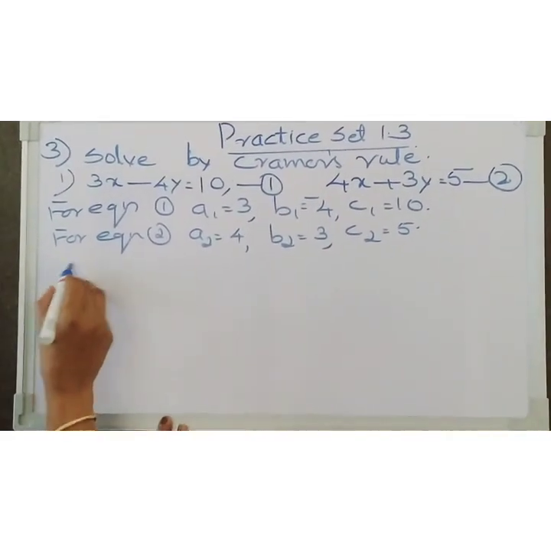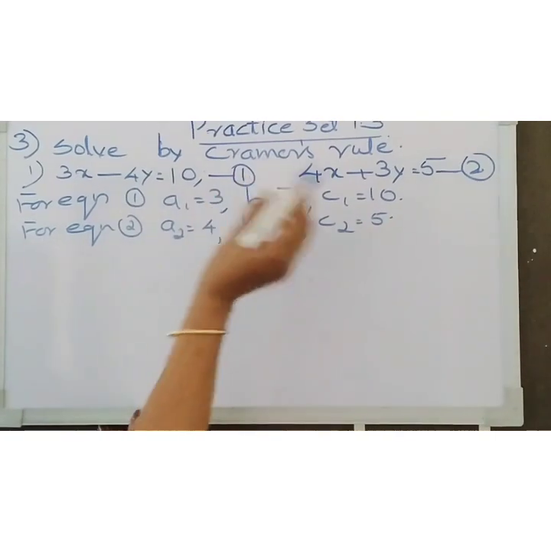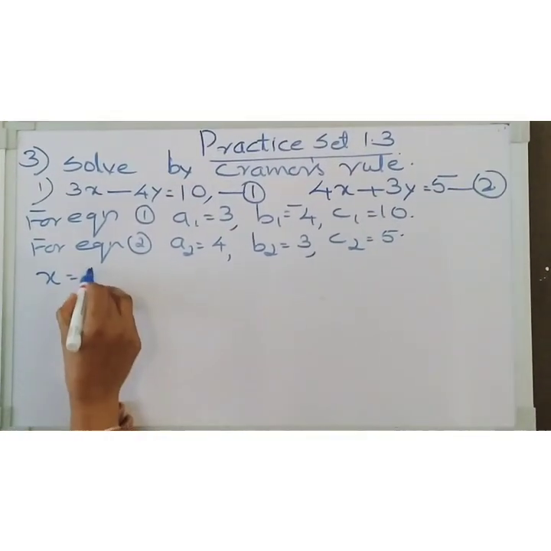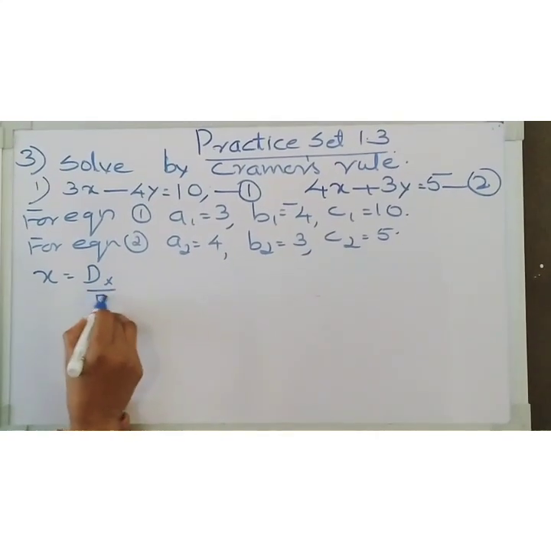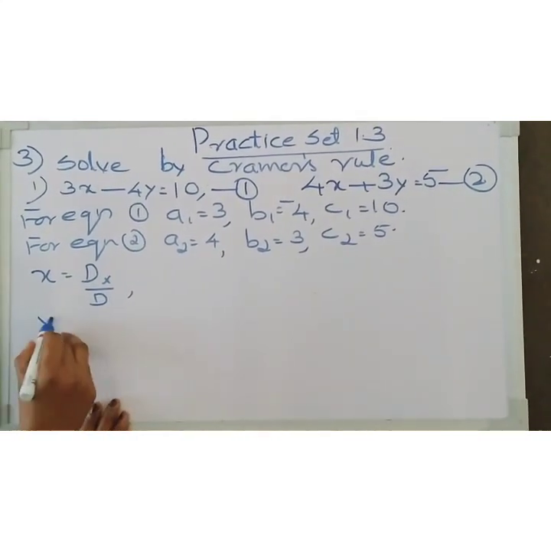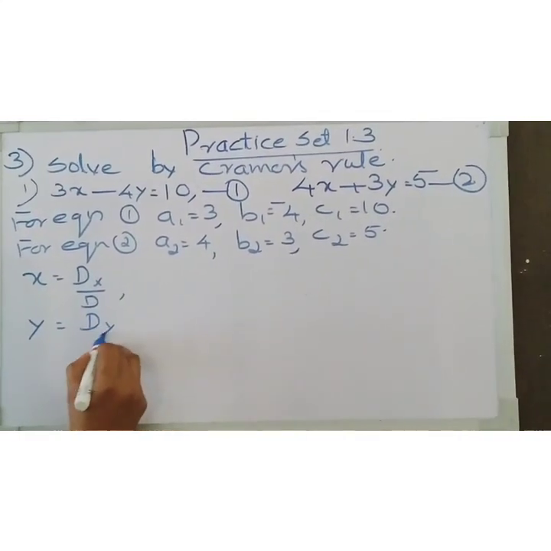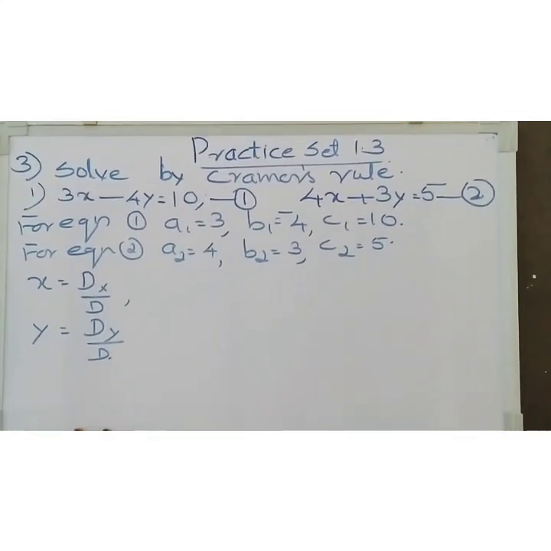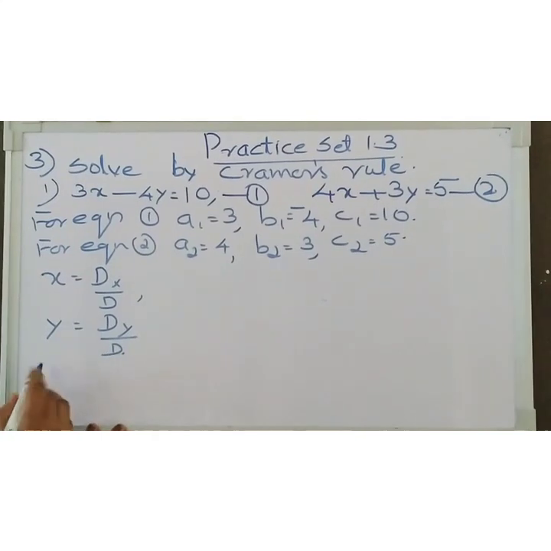Then to find the values of the variables, x equals dx upon d and y equals dy upon d. First we have to find what is d, what is dx and what is dy.